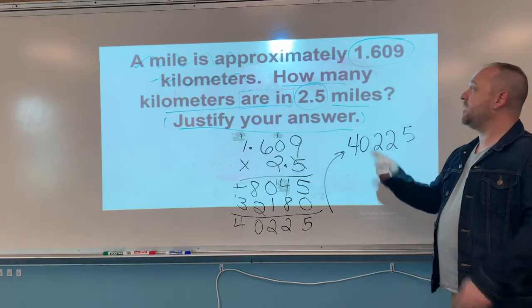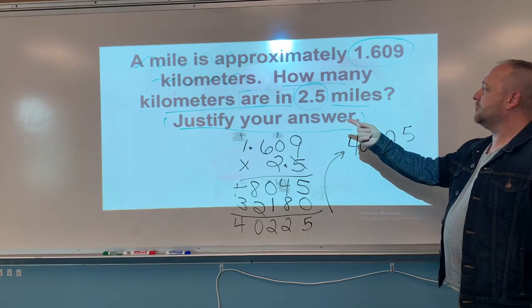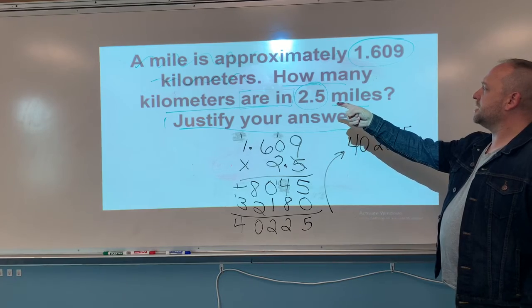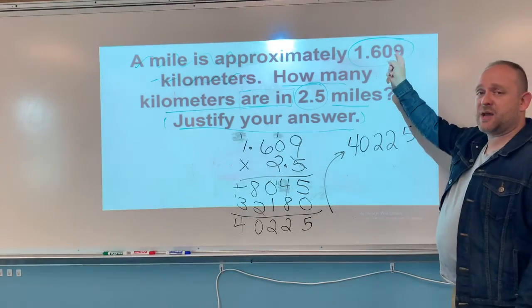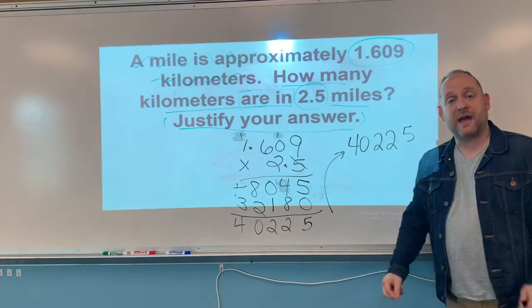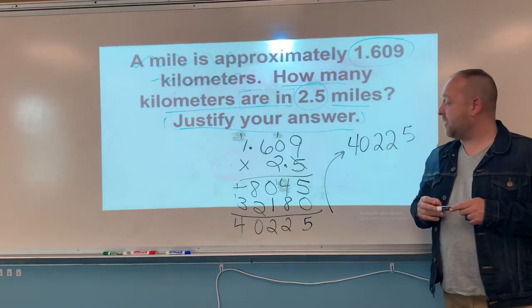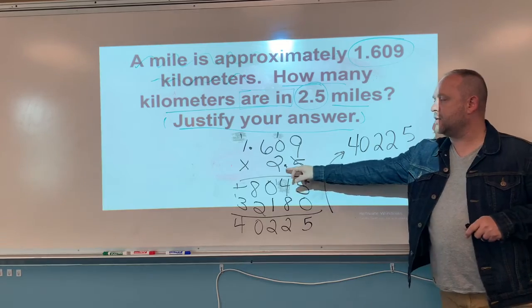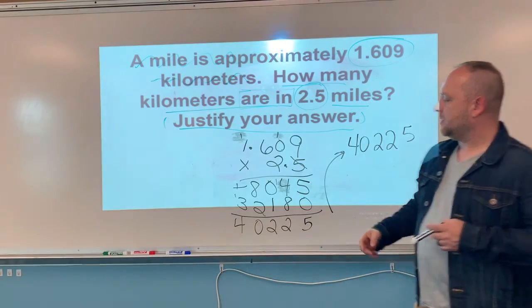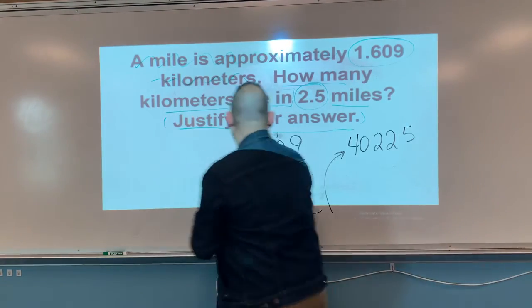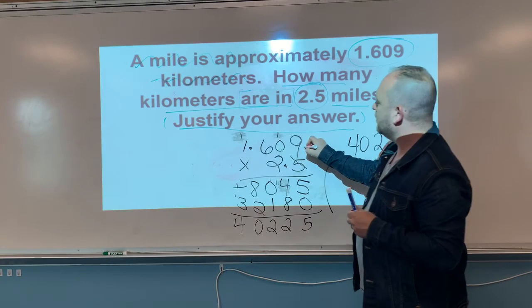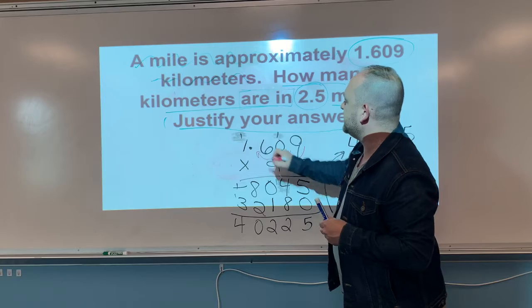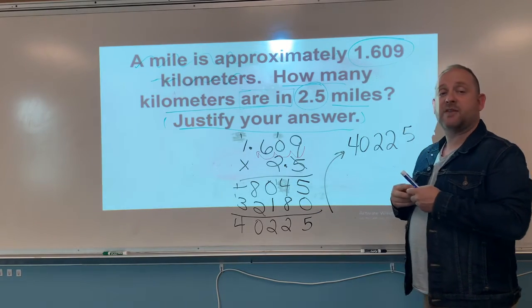Now, if I'm dealing with 2.5 miles, and this is how many kilometers are in a mile, I'm not going to get 40,000 of them in 2.5. But what I haven't done yet is dealt with my decimals. So if I look over here, on my top number, I have 1, 2, 3 digits to the right of my decimal point.